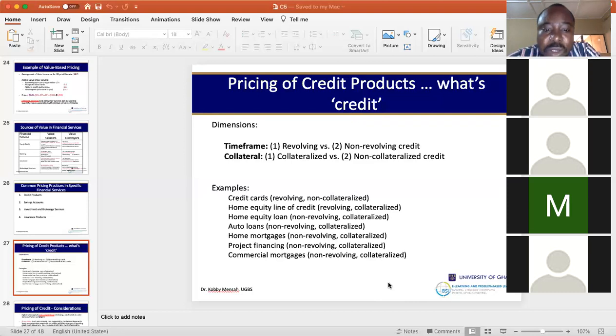Right. Yeah. So revolving credits are the facilities such as credit card, all right? Or, I think you would also consider overdraft, all right, as a revolving credit, because it works as and when you use it, you have to pay back, all right?